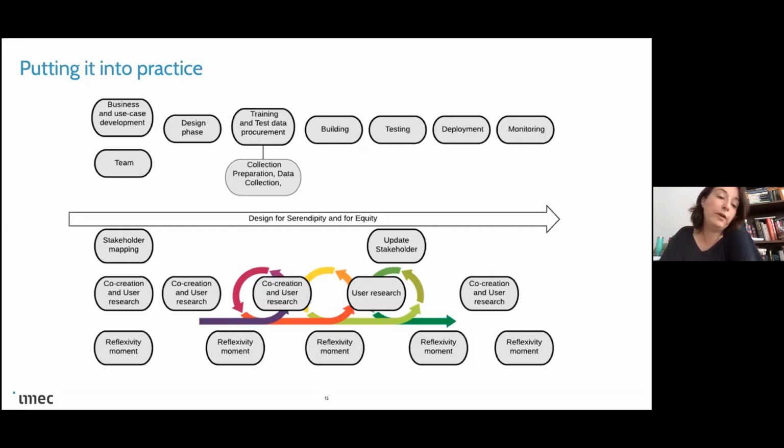So you would begin in this case, for example, with stakeholder mapping. This means that you would pay particular attention to ensuring that if you create a co-creation session or a user research track, that you ensure that there are a lot of divergent opinions there. Why is that important?